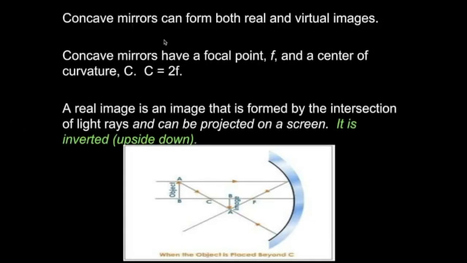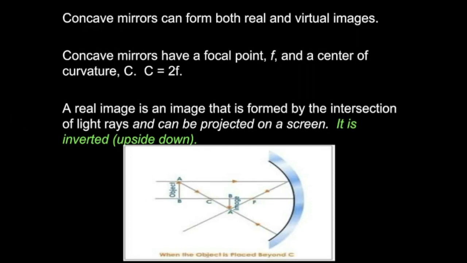Now, the cool thing about a concave mirror is that it can form both real and virtual images. So what is a real image? A real image is an image that I can actually project onto a screen. A virtual image is something that really only exists in Mirrorland.